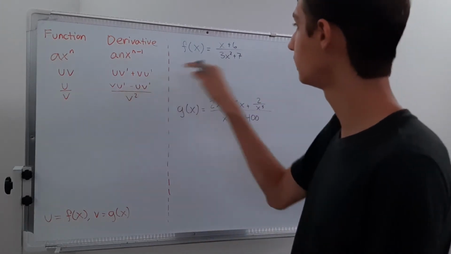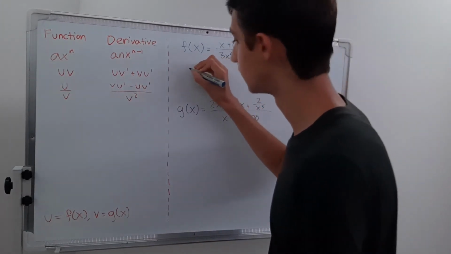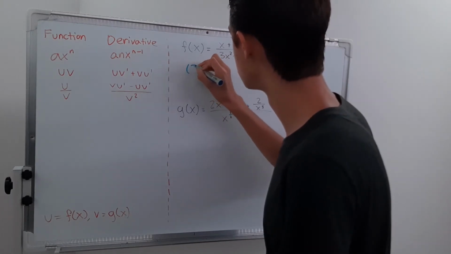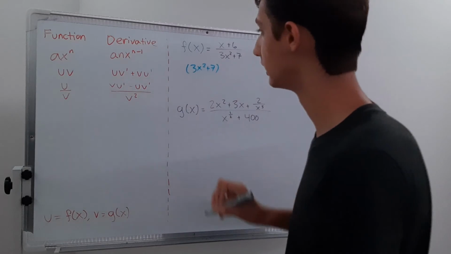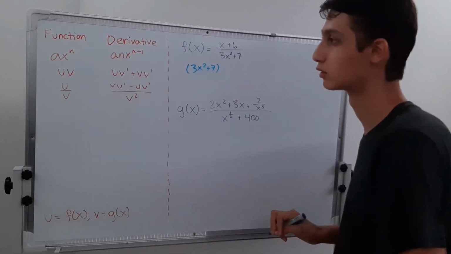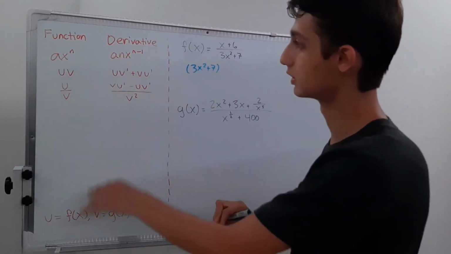So v, our bottom function, is 3x squared plus 7. And by the way, you don't have to worry about actually remembering these, since they're on your AICE formula sheet, so that's why I have these written down here.